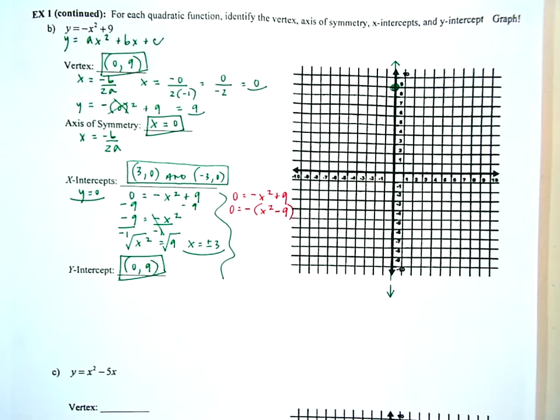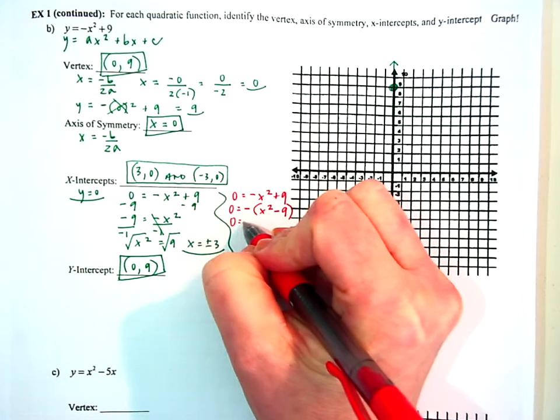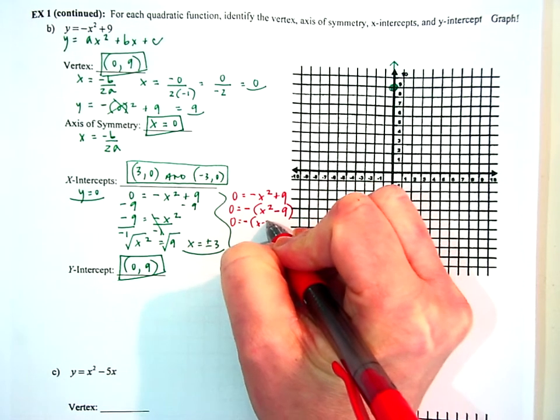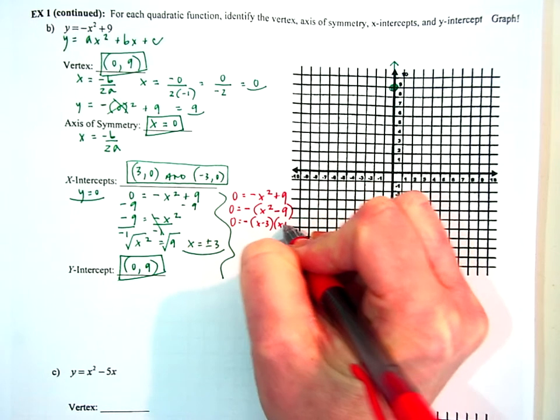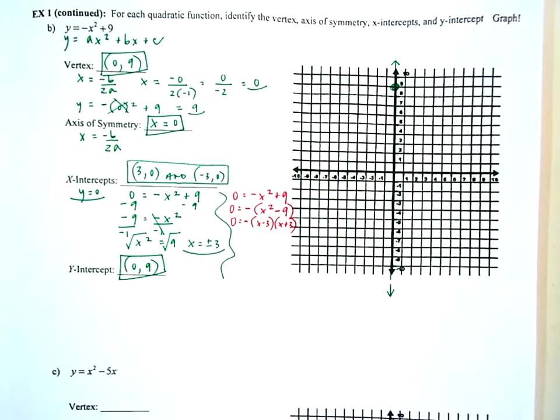Now I can see, oh, it's really a difference of two squares pattern. I can break this down further: x minus 3 times x plus 3. So right now I have -1 times the quantity x minus 3 times the quantity x plus 3.